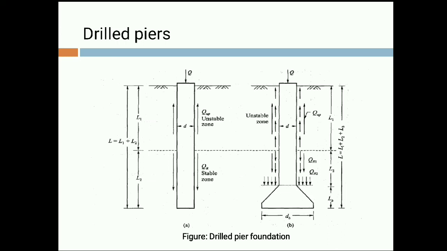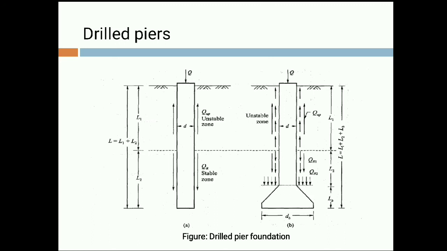The unstable zone is the zone in which the variation of moisture will be more, and because of that variation the shrinking and swelling of the soil will be more. QUP is the uplift pressure generated in the upward direction, acting against the resistance provided by the vertical action of the building. And QR, which is in the stable zone, is the bearing capacity acting as a resistance toward the uplift pressure.